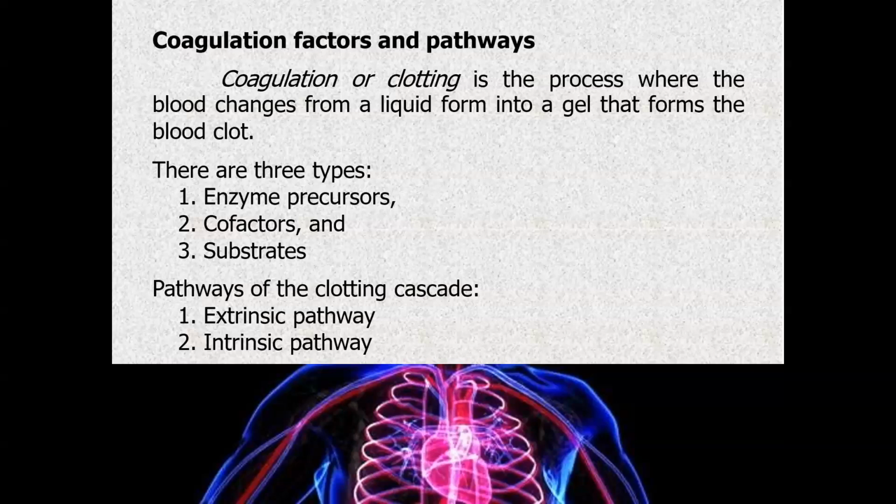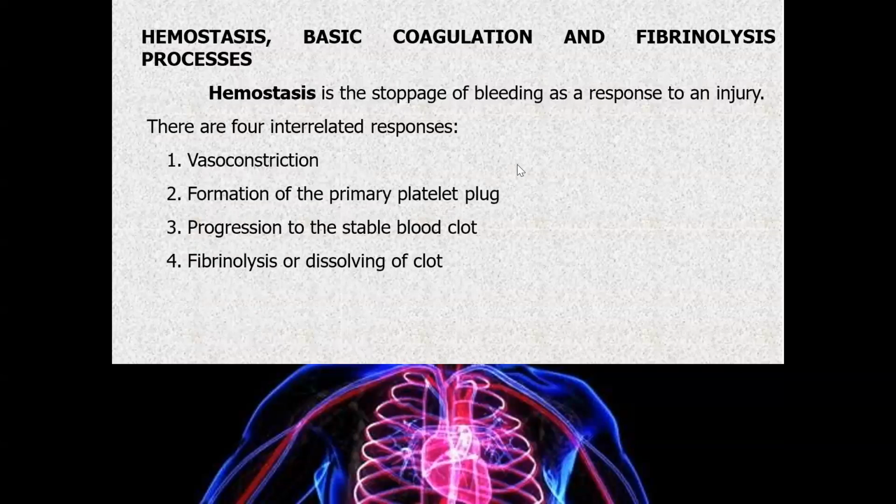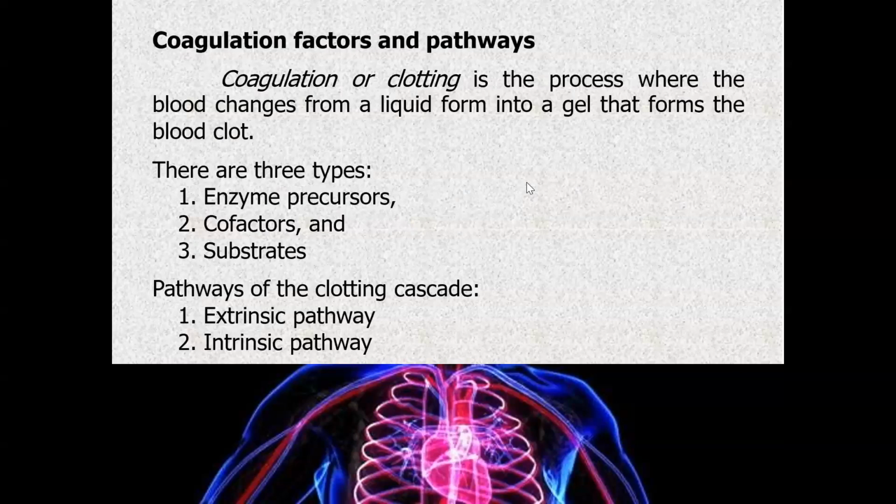Okay? So, there are 3 types of your coagulation factors or clotting factors. We have the enzymes, precursor, we have the cofactors and the substrates. We have the pathways, extrinsic and intrinsic pathway. So ito class, dadaanan natin or i-discuss natin briefly yung mga coagulation factors.